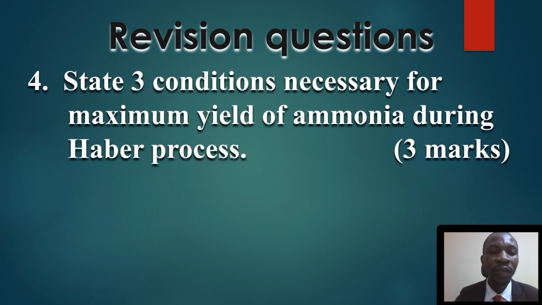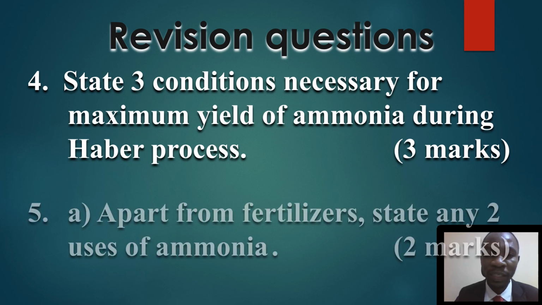Question 4: state 3 conditions necessary for the maximum yield of ammonia during the Haber process. Question 5: apart from fertilizers, state any 2 other uses of ammonia.